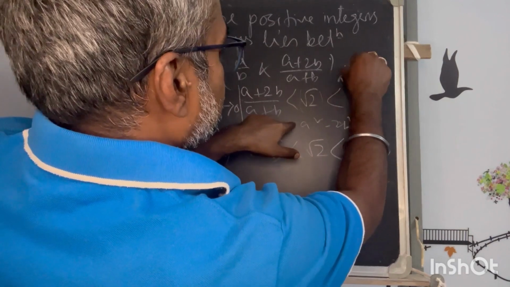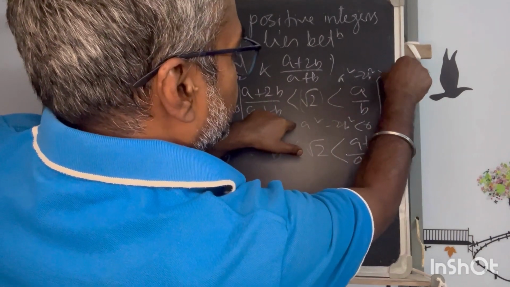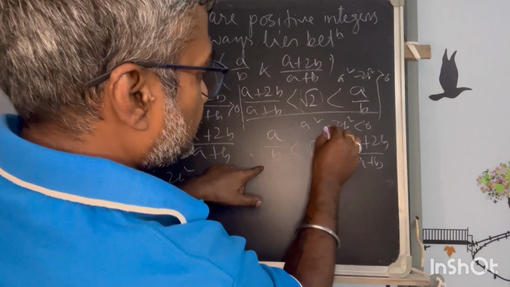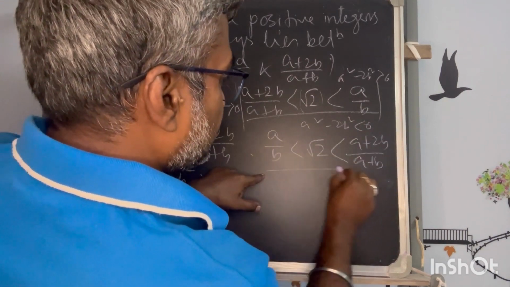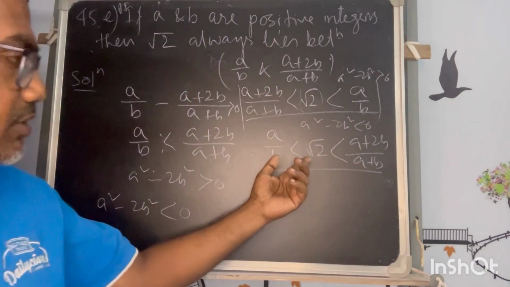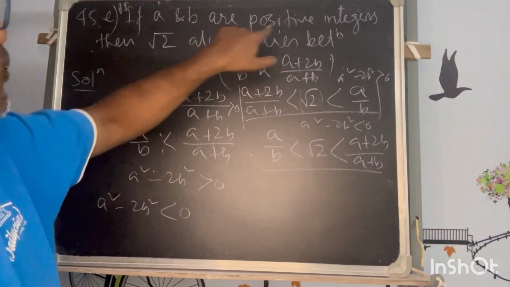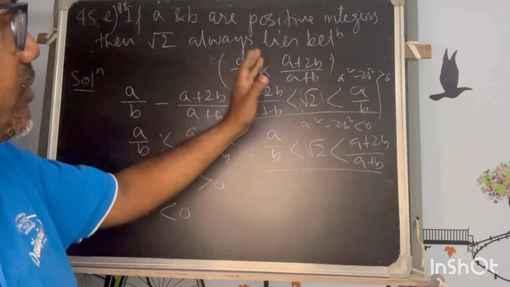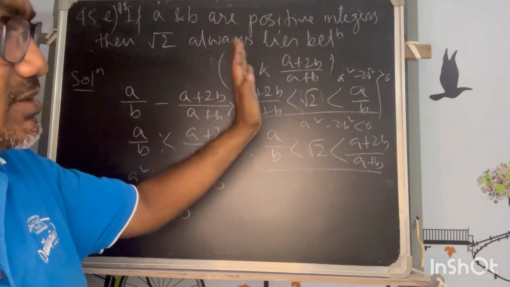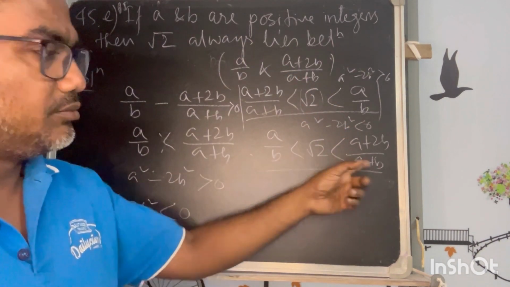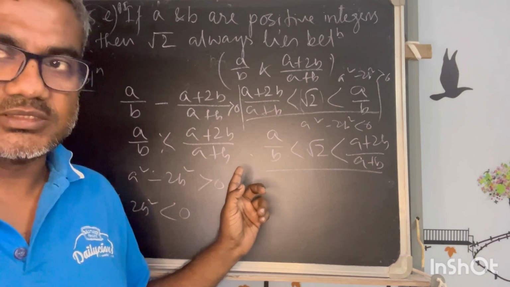The first condition is a square minus 2b square greater than 0. By taking that you have proved that. But if we take a square minus 2b square less than 0, you will get the reverse of the range, but root 2 will remain in between this range. So I can prove that root 2 is always between this range, whether this is high, this is less, is respective, but this will always be inside this range.